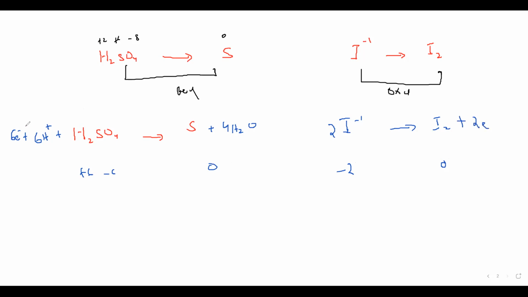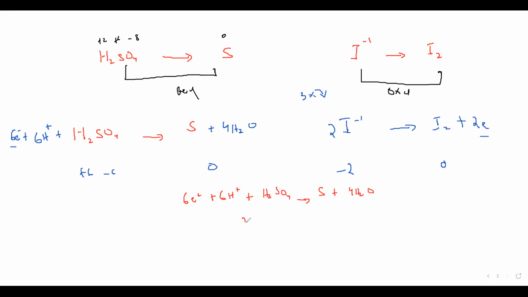So in one equation we have 6 electrons, in another equation we have 2 electrons. That is why we will multiply this equation by 3 to make the number of electrons same. And we will write first the 2 equations before adding. So we have 6 electrons for the first equation, plus 6 protons, plus H2SO4 gives sulfur, plus 4 water molecules.